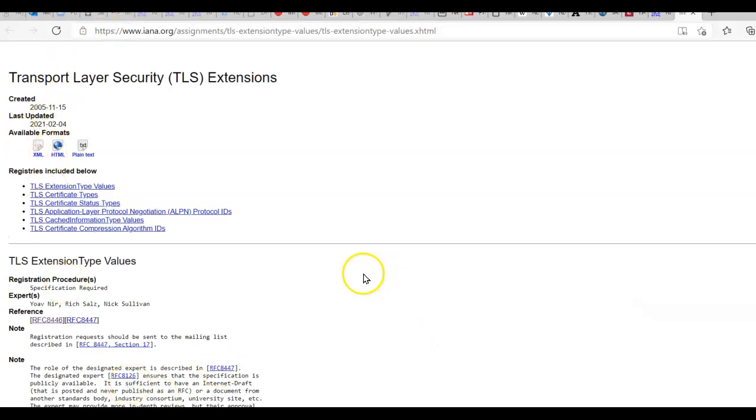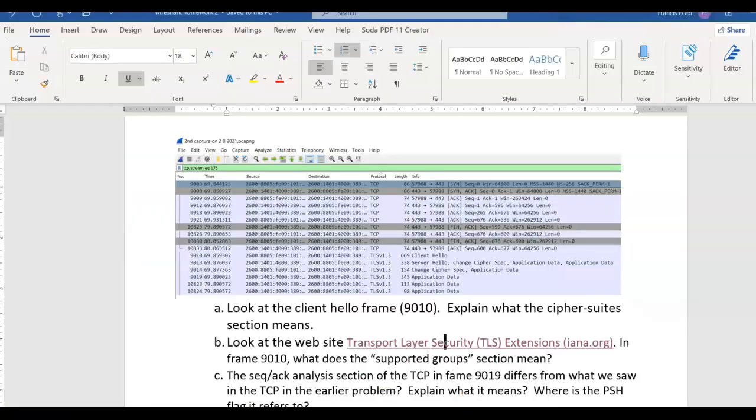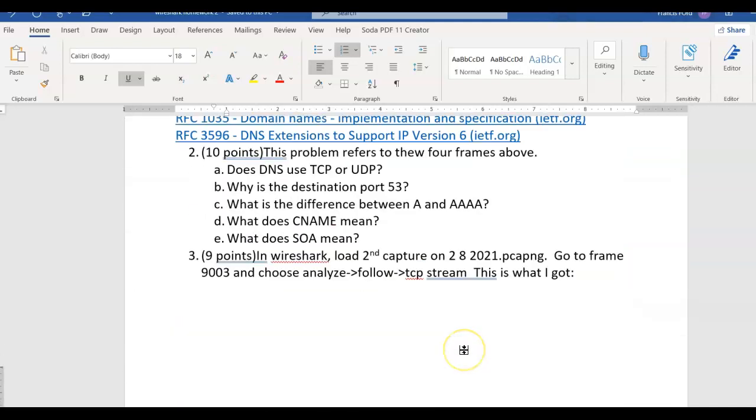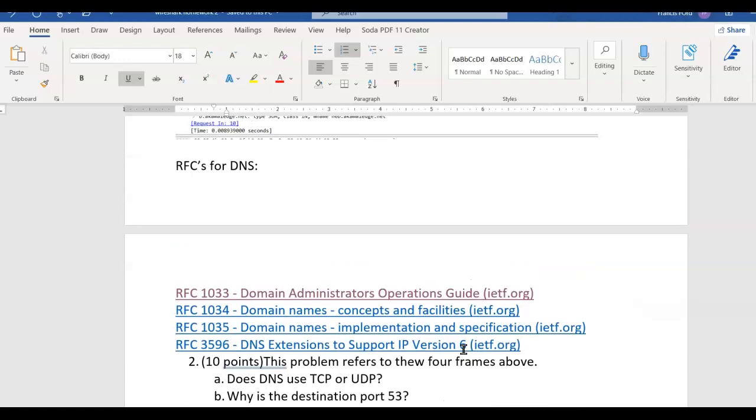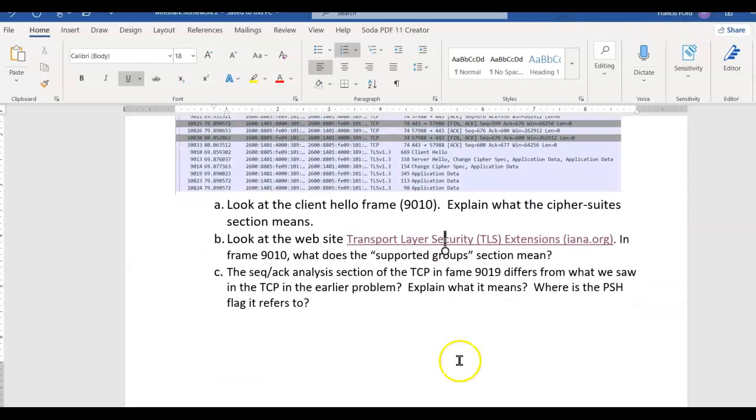This talks about extensions. I'm asking you about extensions. So you may have to go out and look at them. You may have to find the TLS RFCs. I don't think I put them there.